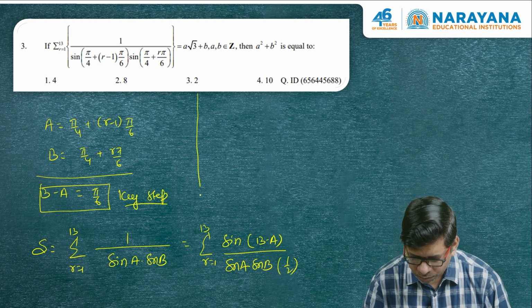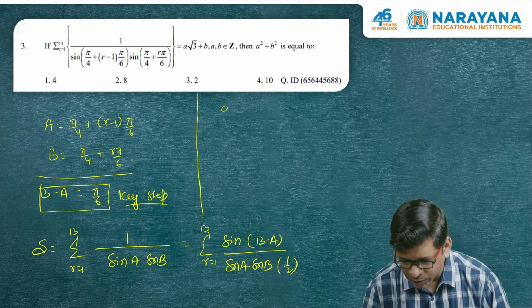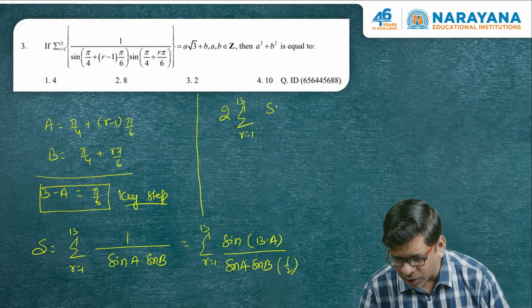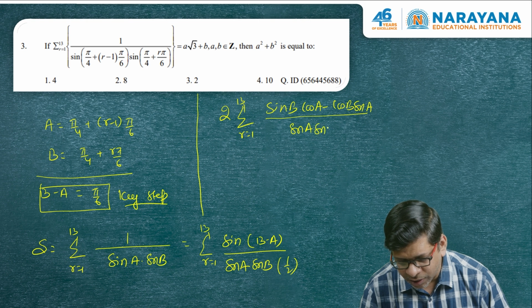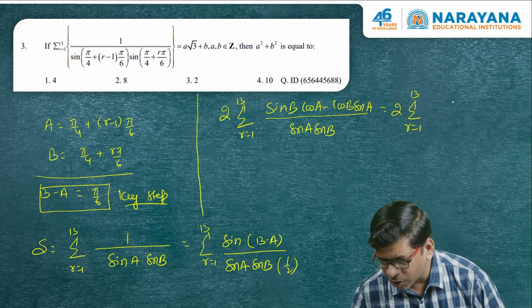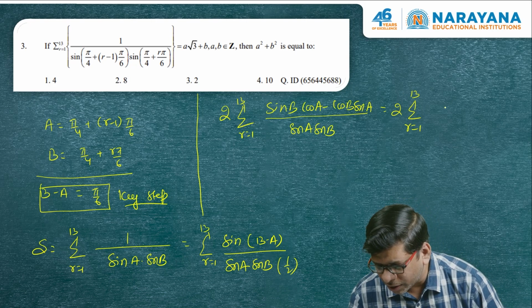So it is 2 times summation r from 1 to 13, sine B cos A minus cos B sine A divided by sine A sine B. Separate in two parts, 2 times summation r from 1 to 13. So sine B gets cancelled, cot A minus cot B.